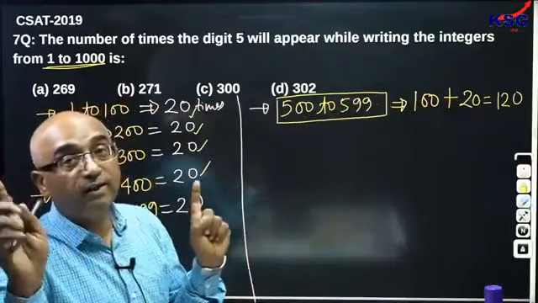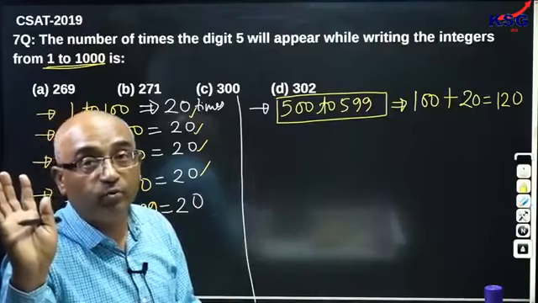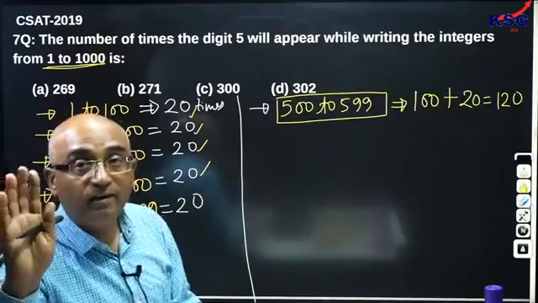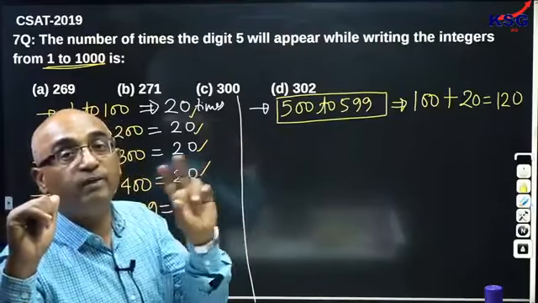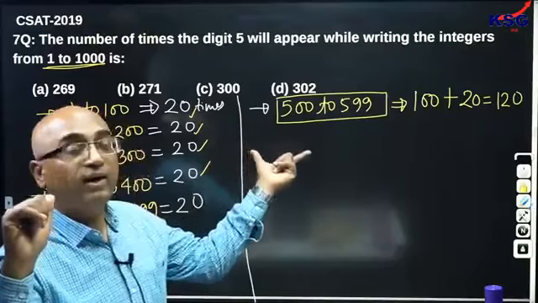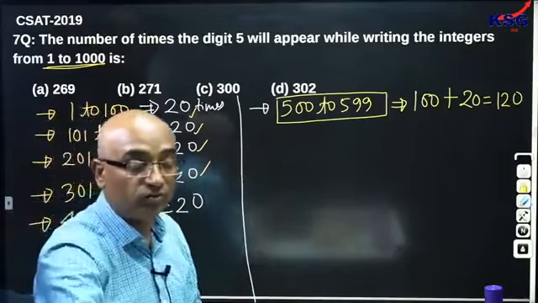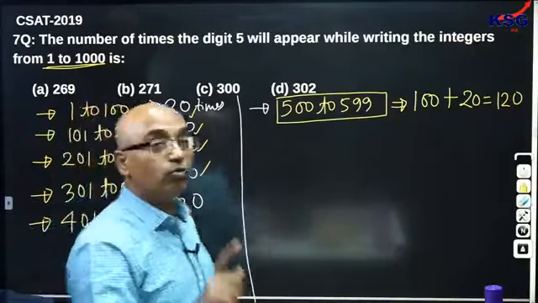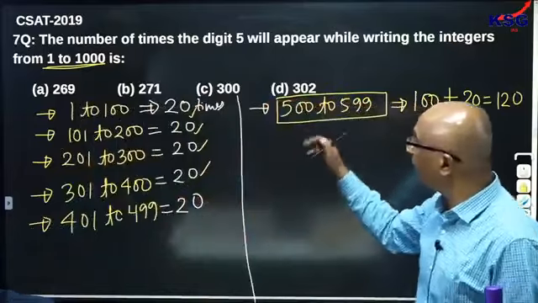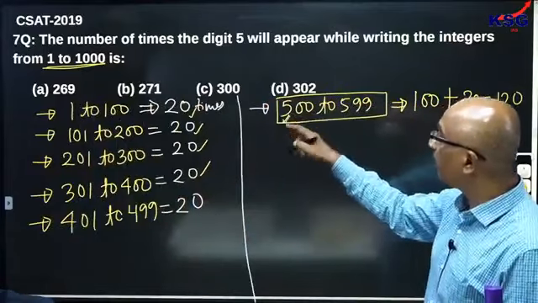Students, writing all 1000 numbers is not a good idea. Imagine the previous 2 basic questions, and one can answer this big question also. In 500 to 599, each and every number begins with 5 and there are 100 numbers.